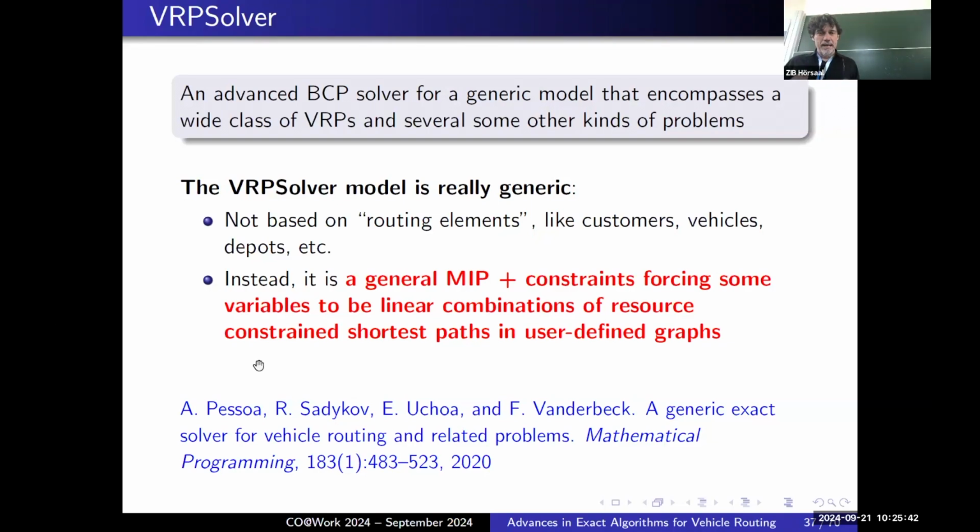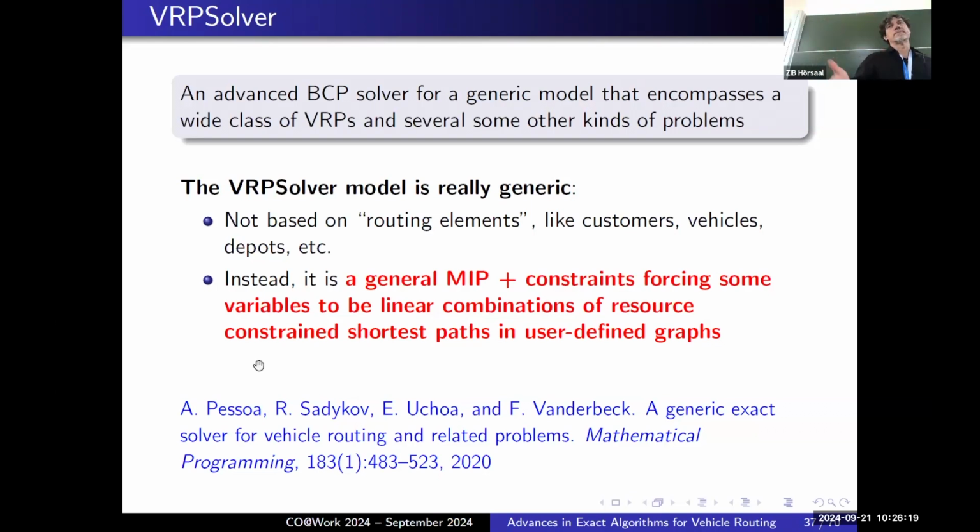Okay, it's a branch-cut-and-price solver for a very generic model that is generic enough to encompass most VRP variants and many other kinds of, not many, but a significant number of other kinds of problems too. But by generic, we mean really generic, because VRPSolver is not based on the concept of customer, vehicle, route. No, it's a general MIP plus.